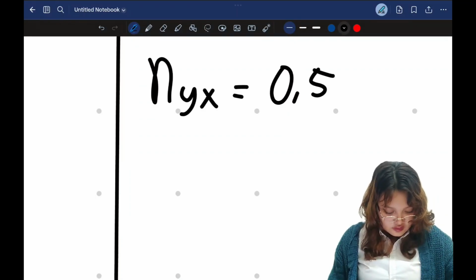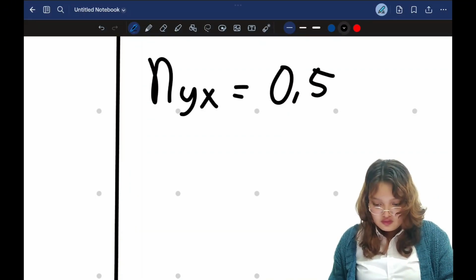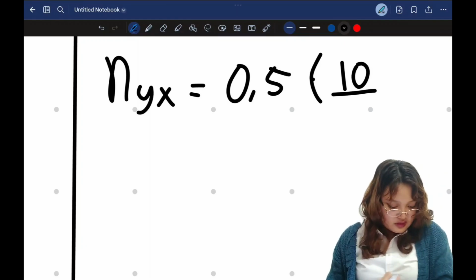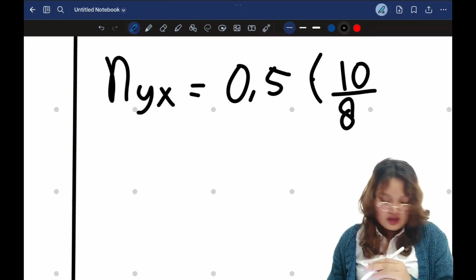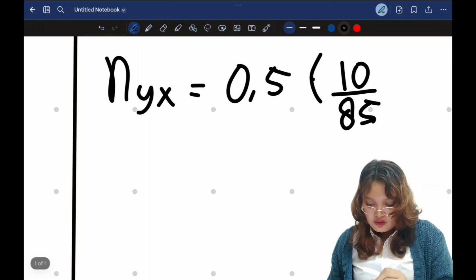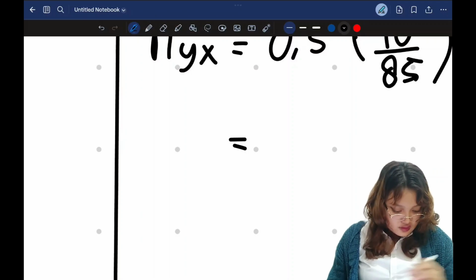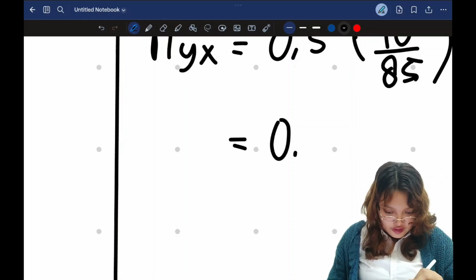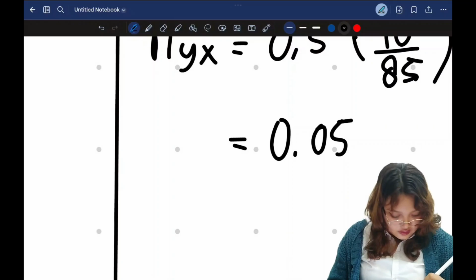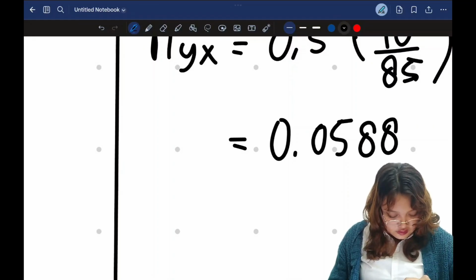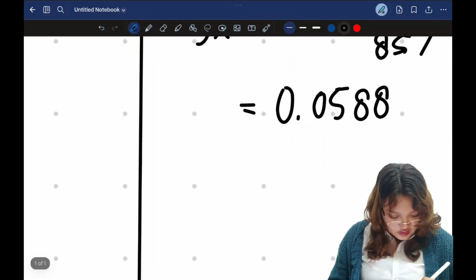Now we will plug in N sub YX equals 0.5 times 10 over 85.